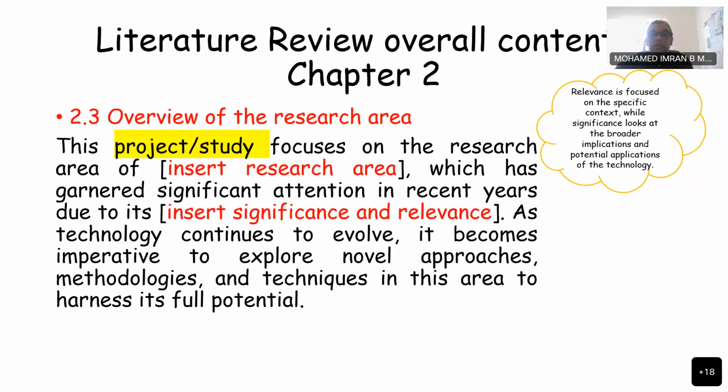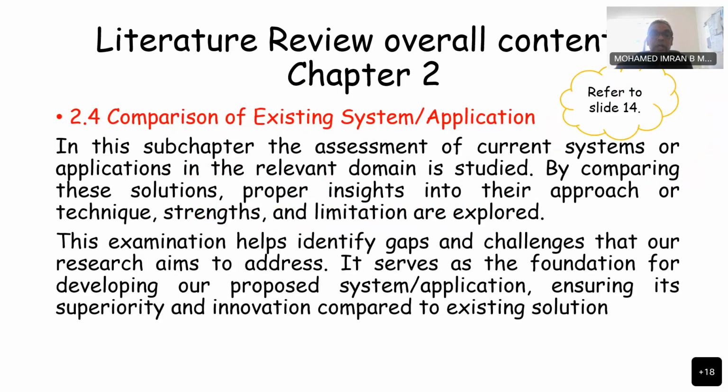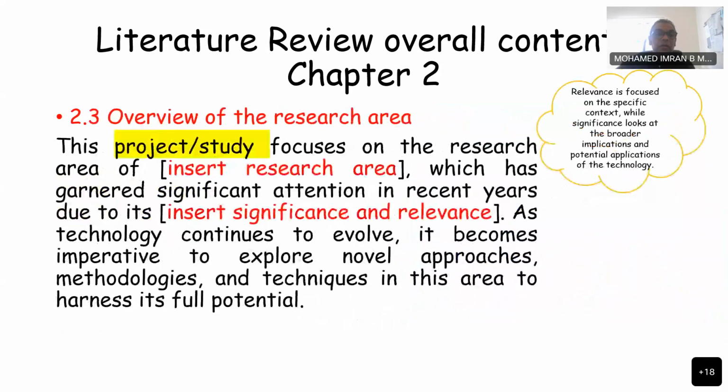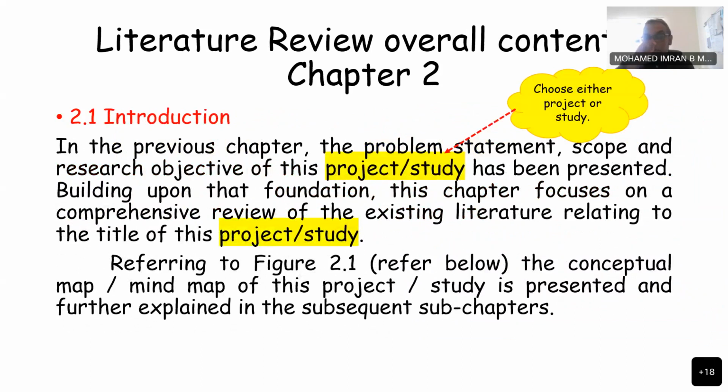So you have to write down your research area, and then comparison of existing systems or applications. And finally, the justification section, which is in 2.5. And finally, the summary of chapter 2. So chapter 2 begins with the introduction.